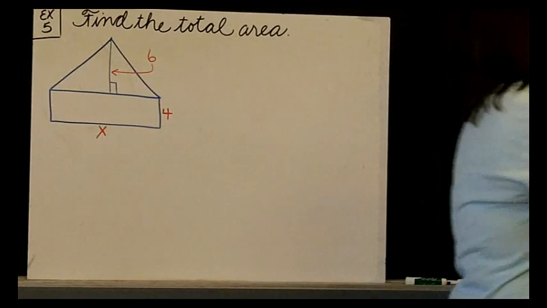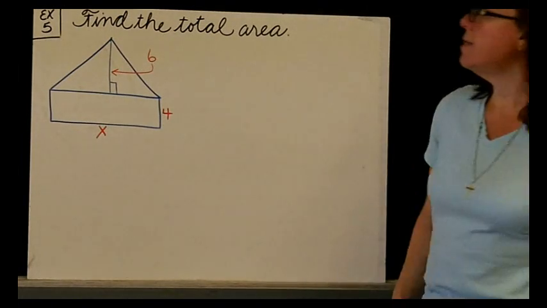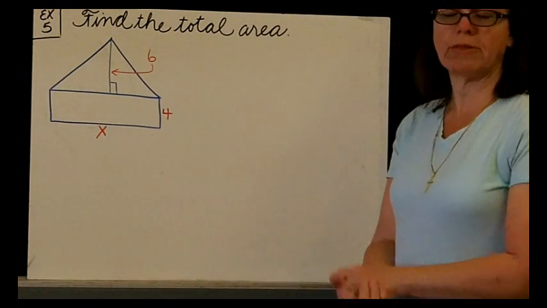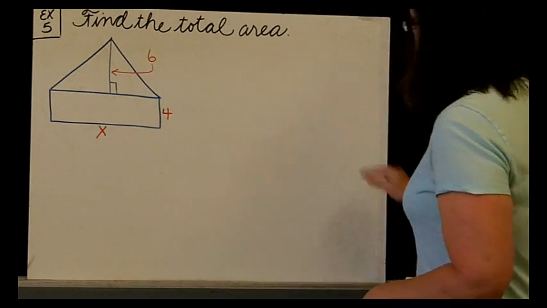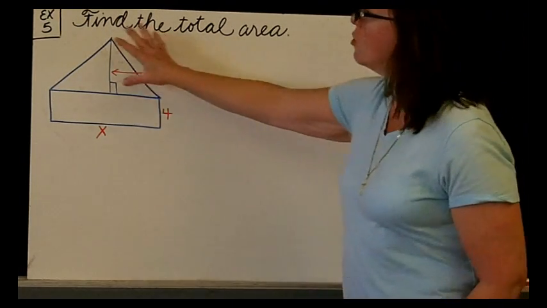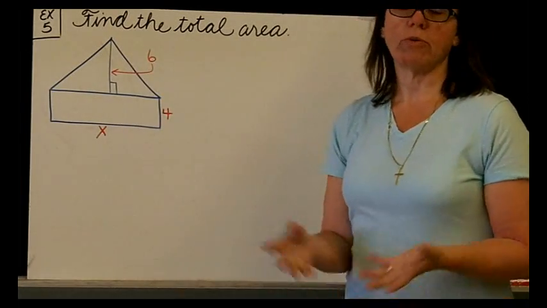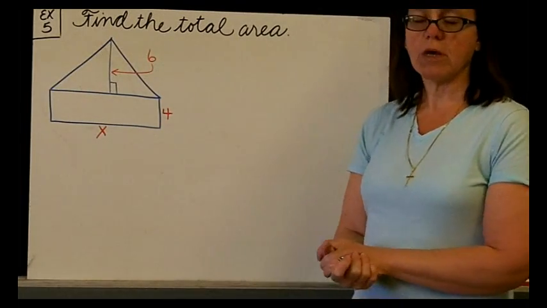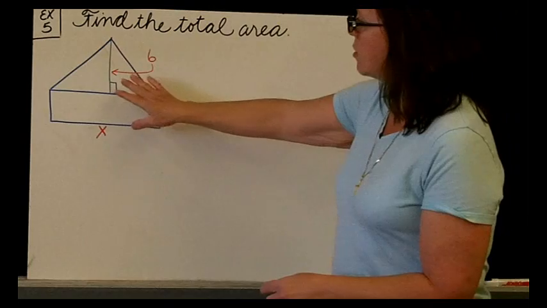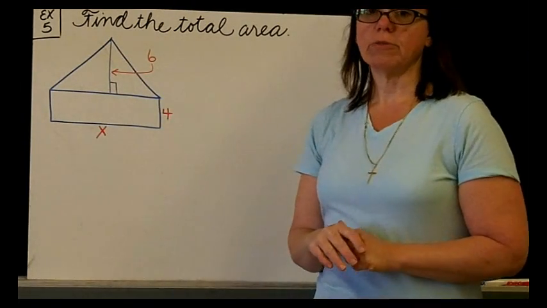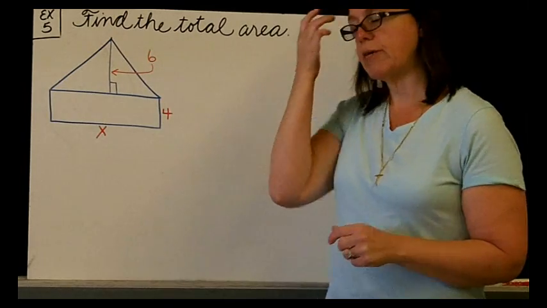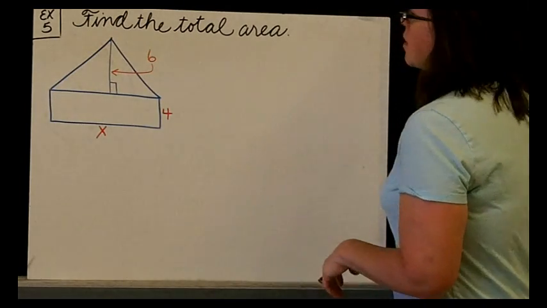And our final example for today is an area. I told you they've been doing a lot of area and perimeter this year. Let's take a look. We have to find the total area of this, what we'll call an irregularly shaped figure. What we have here is a triangle and a rectangle. So the best way to tackle this problem is to find the areas separately.